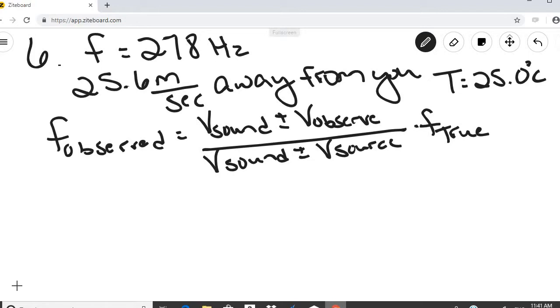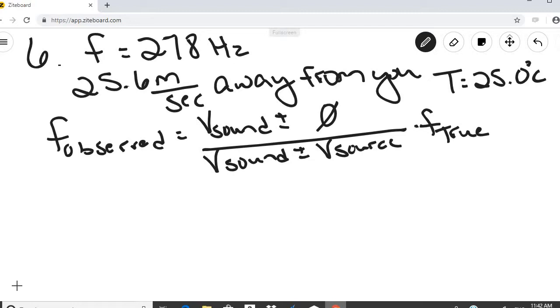Okay, so the velocity of the observer is going to be 0, right? So the observer is not moving, so we can put a 0 in here. And in order to get an observed frequency that is lower than the true frequency, are we going to add or subtract the velocity of the source?